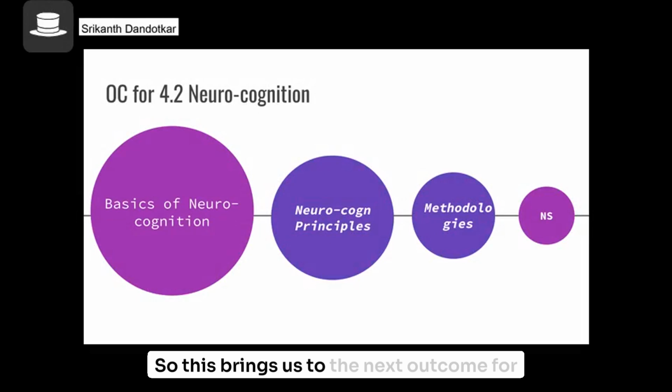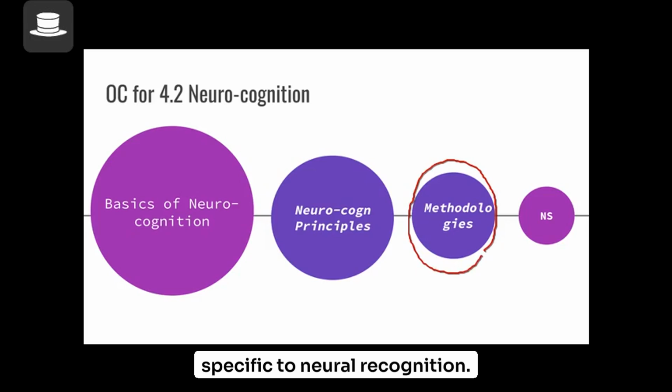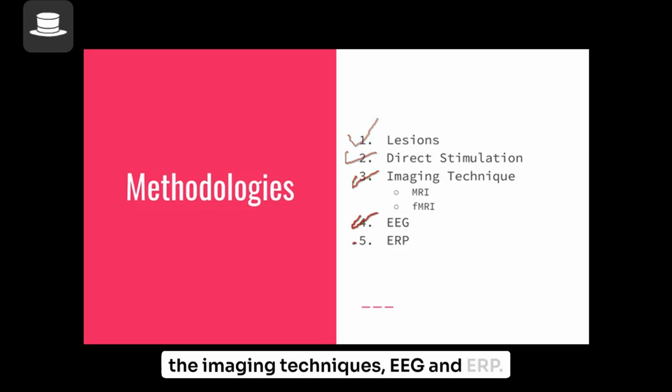So this brings us to the next outcome for this unit, which is the methodologies specific to neurocognition. Now, we can talk about at a very general level, basic level, we can talk about lesions, direct stimulation, and two of the imaging techniques, EEG and ER.